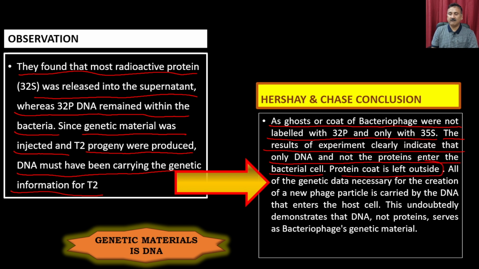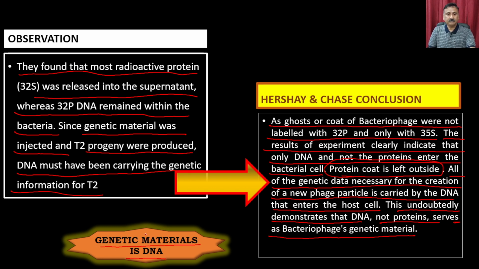The protein coat is left outside. All of the genetic data necessary for the creation of a new phage particle is carried by the DNA that entered the host cell. This undoubtedly demonstrated that DNA, not protein, serves as the bacteriophage genetic material, and that's how they concluded that the genetic material is DNA, not protein.